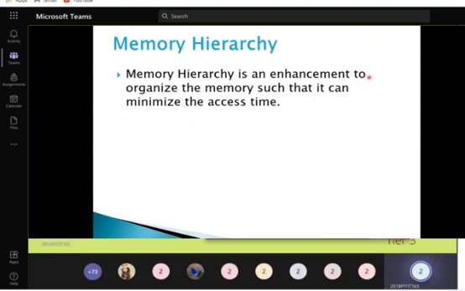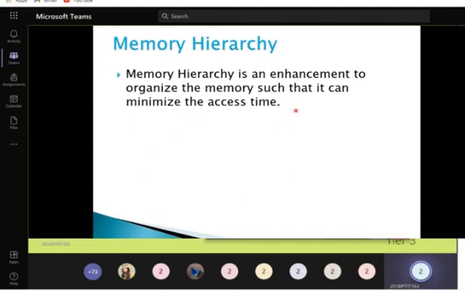So here the memory hierarchy is an enhancement to organize the memory such that it can minimize the access time. I'm organizing the memory such that I can minimize the access time.